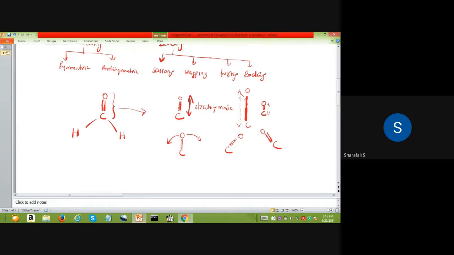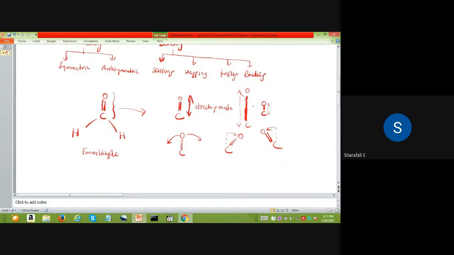So basically it is wagging from this position. This is also possible for the formaldehyde molecule. So in this case, both these modes are possible for this carbonyl group.